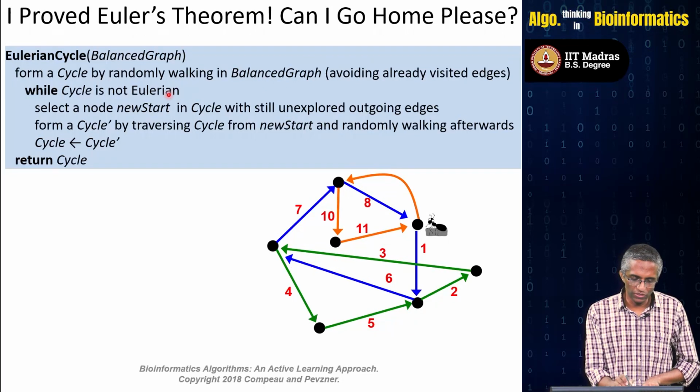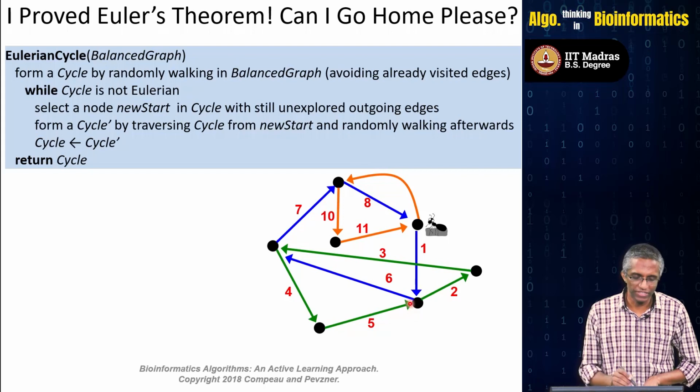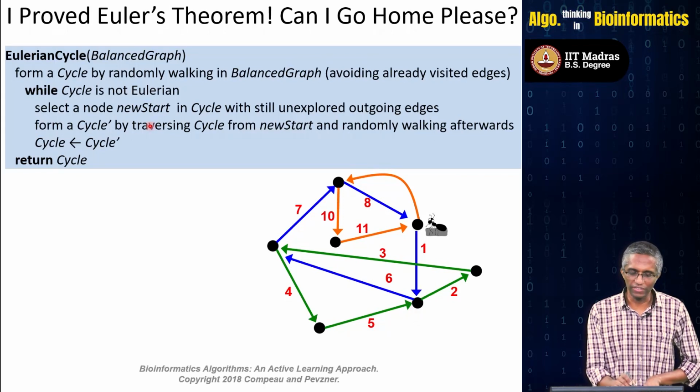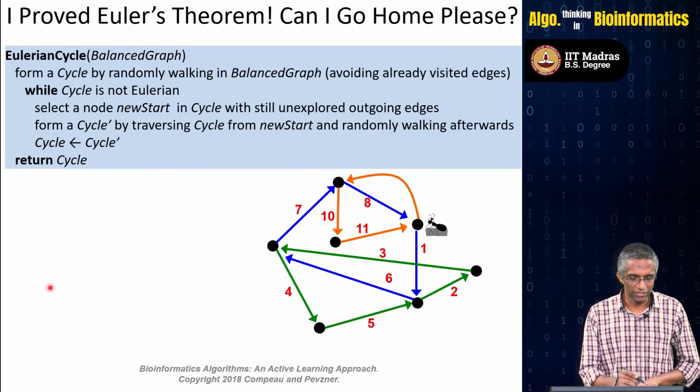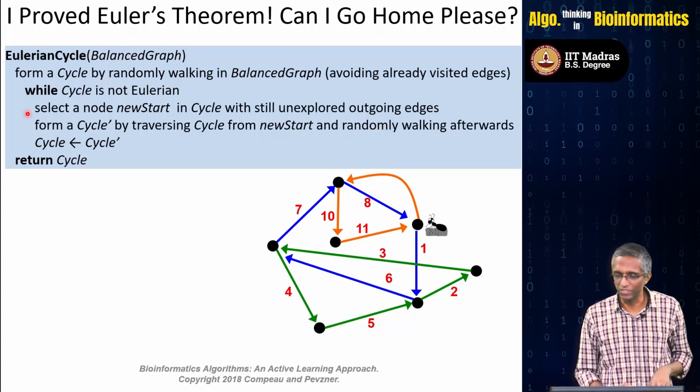While the cycle is not Eulerian, you select a node, new start, in the cycle with still unexplored edges. That was the one that was here initially, right? And then you form a new cycle, cycle prime, by traversing the cycle from the new start and randomly walking afterwards. And then you just enlarge, and your cycle prime has now been merged into the older cycle. And you keep on repeating this until you have covered all of your edges. Okay.